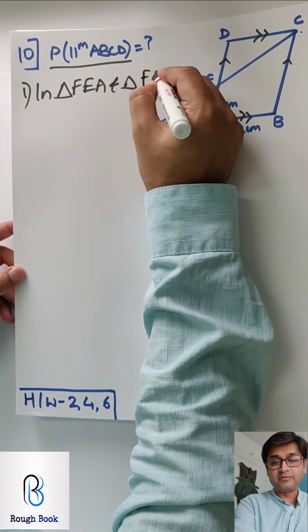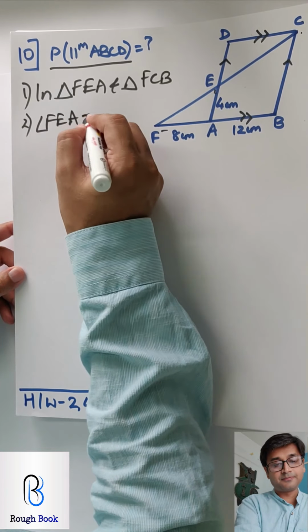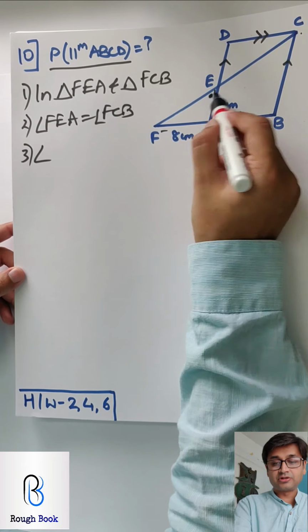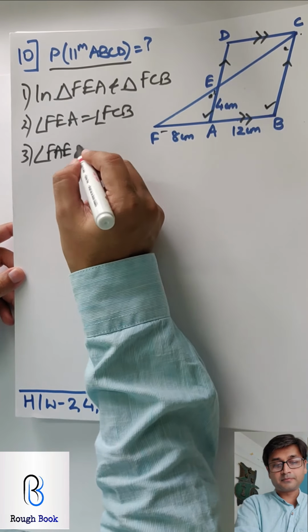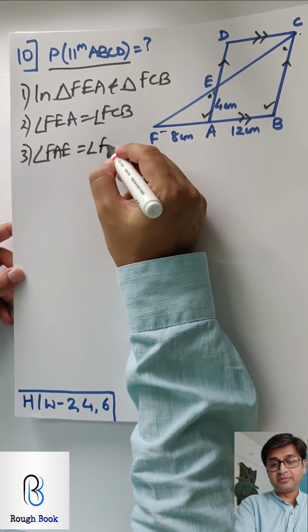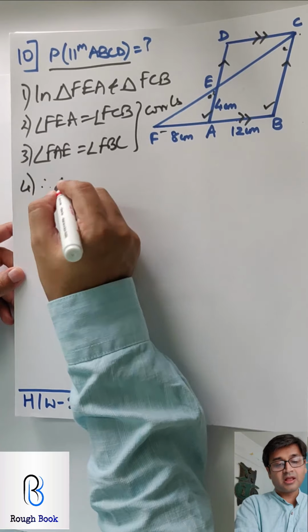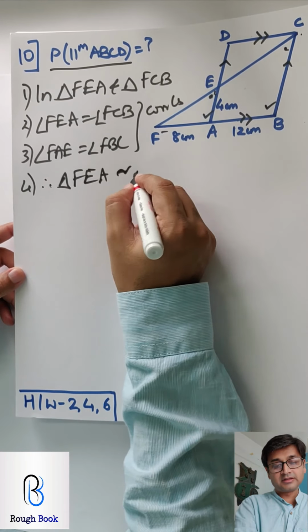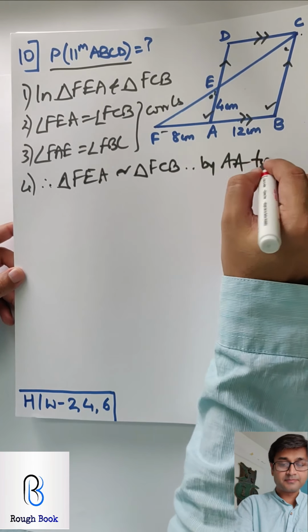and triangle FCB, we'll say angle FEA equals angle FCB. So this one. Then we'll say angle FAE equals angle FBC. Both are corresponding angles. And therefore triangle FEA is similar to triangle FCB by AA test.